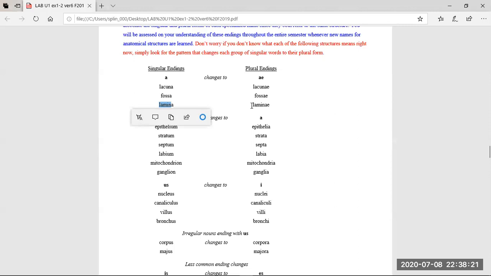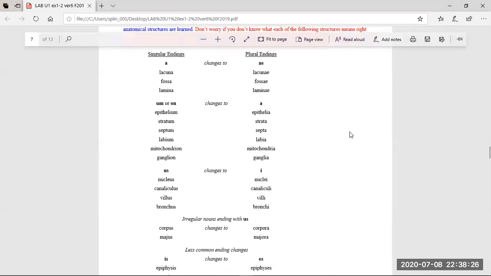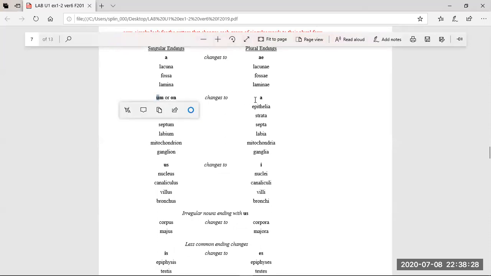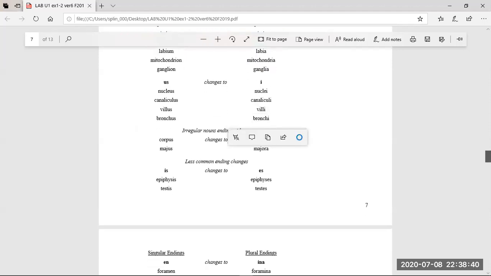Lamina to laminae. So again, example of that, A to AE. The UM to A, epithelium, epithelia. Septum, septa, it's a good example. And then here, US to I, bronchus, bronchi, villus, villi. So only those 3 examples.